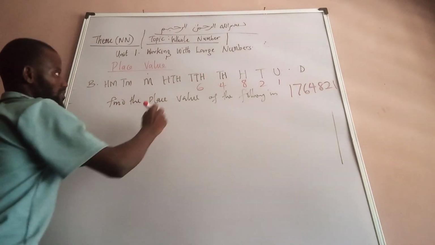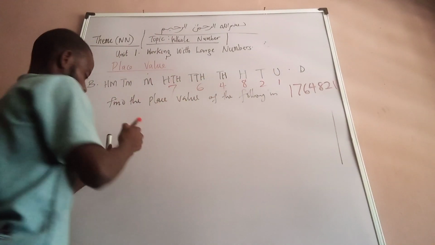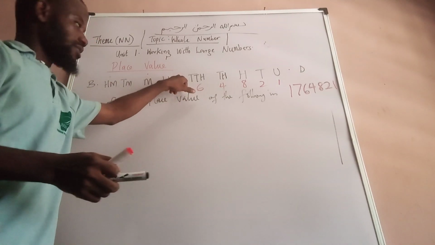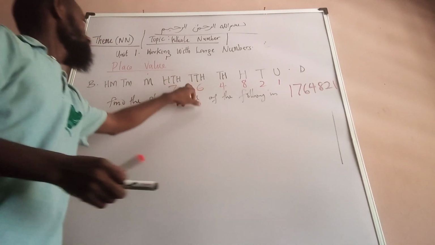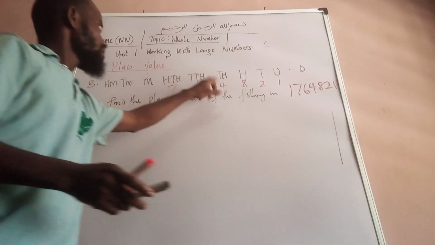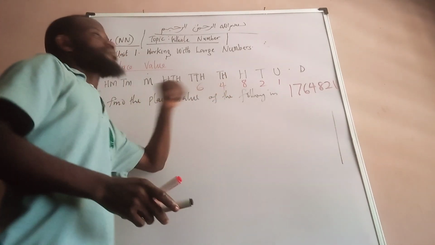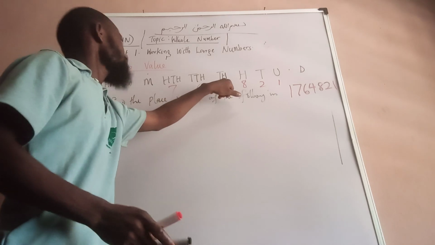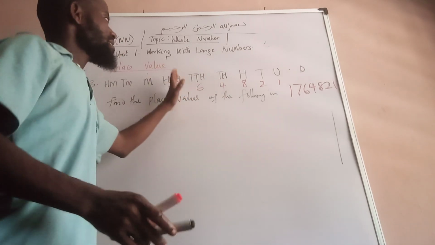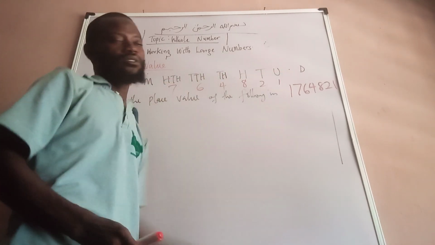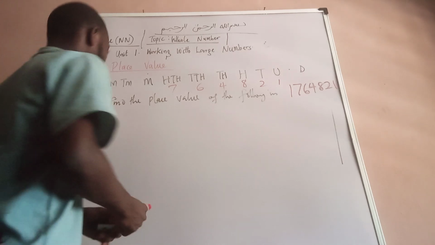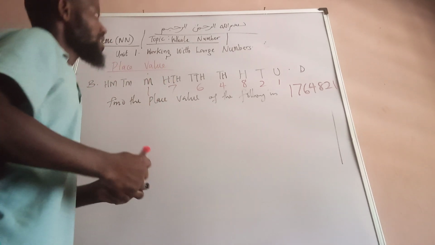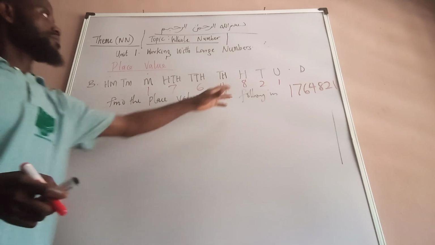The next one is what? 7. This 7 will now be 700,000, 60,000, 4,000. So in total it will be 764,000. Because we don't get a million, 764,821. And the last one will now be 1,764,821.